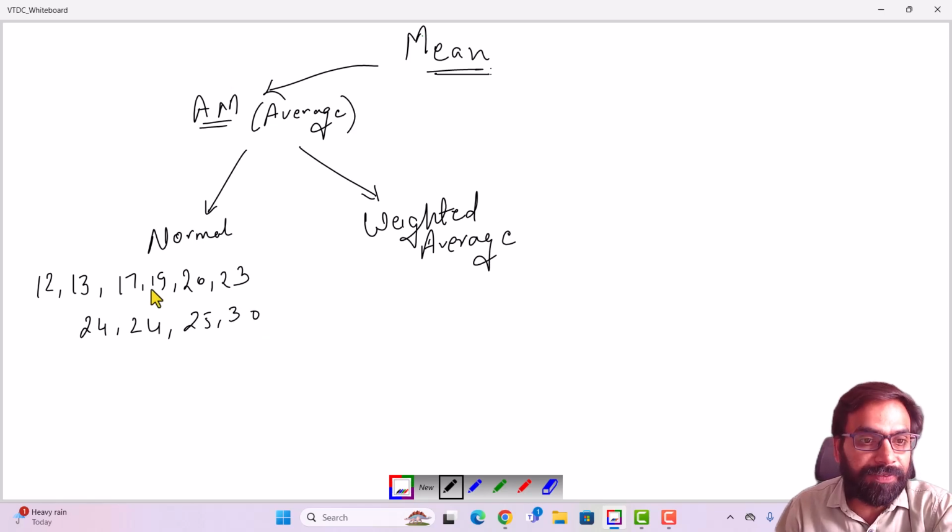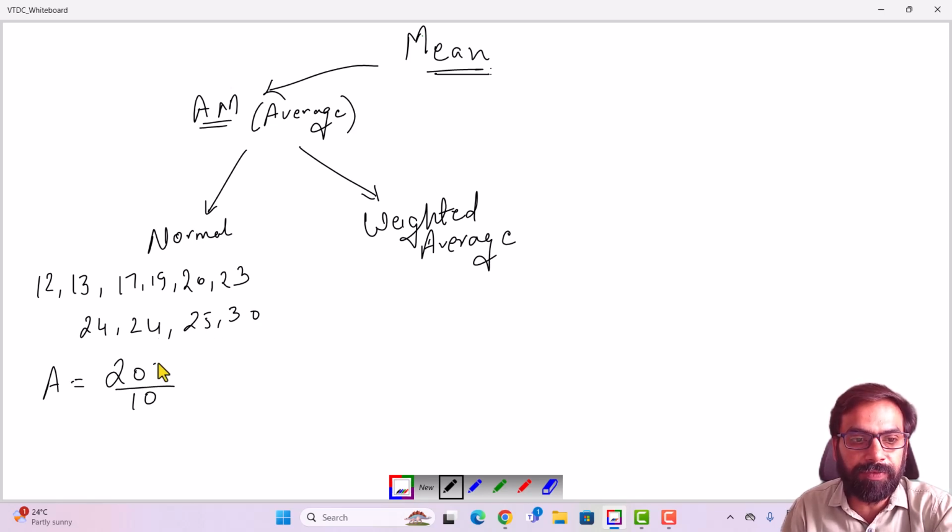Now if I have to take the average of this, I need to sum all of them up and divide by the number of quantities, which is 10 over here. If I quickly sum it up, it comes out to be 207. So the average comes out to be 20.7.